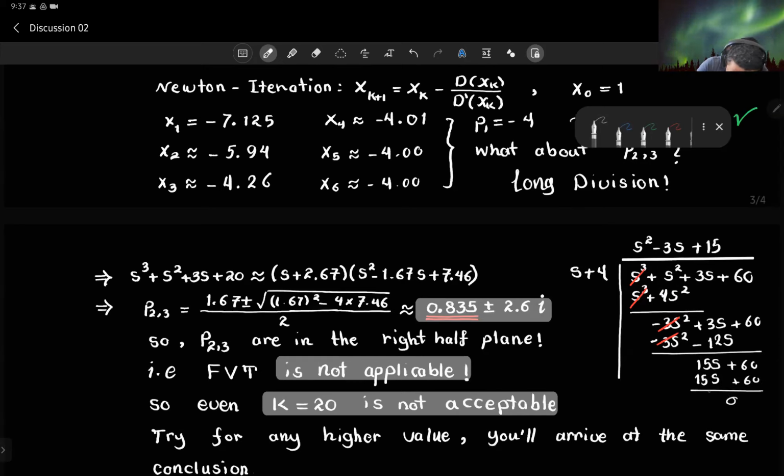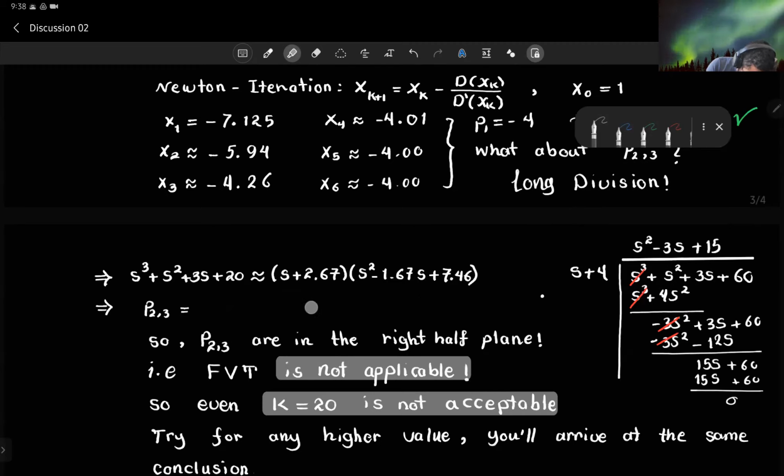So this is 0, and so this is the factor that remains, s squared minus 3s plus 15, right? So this is going to be exactly factored as s plus 4 multiplying s squared minus 3s plus 15.